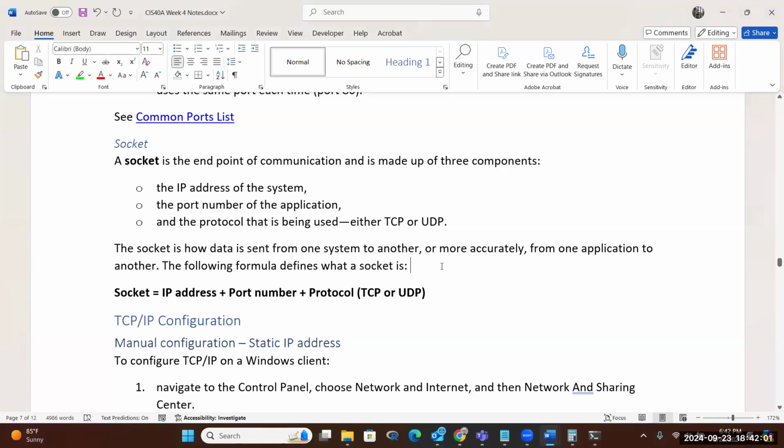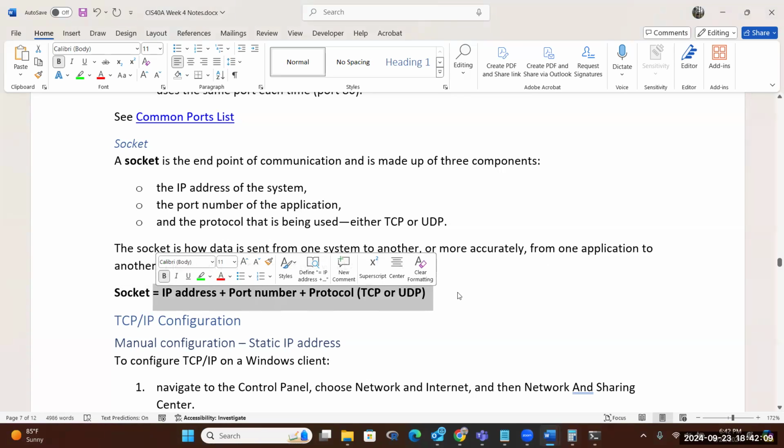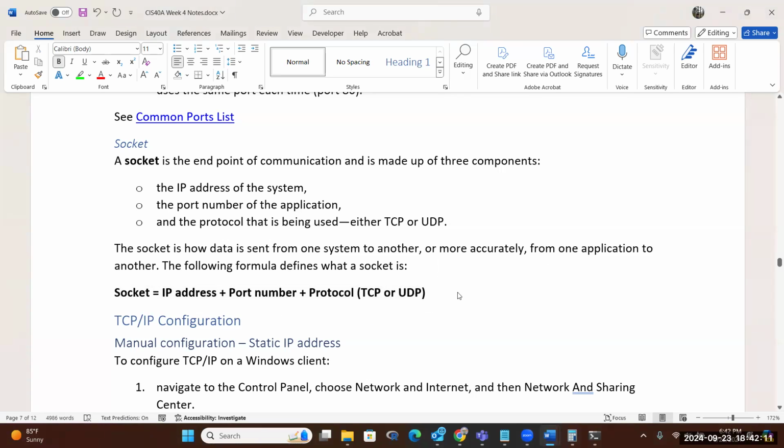And you see this on the development end and also on the networking end. So it's always going to be made of these 3 components to create a socket. Whenever you hear the term socket, or you see some kind of socket information on the report, examine the IP address, the port number, and the protocol that's tied to that service.